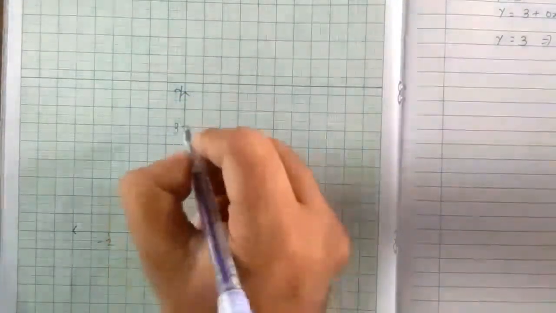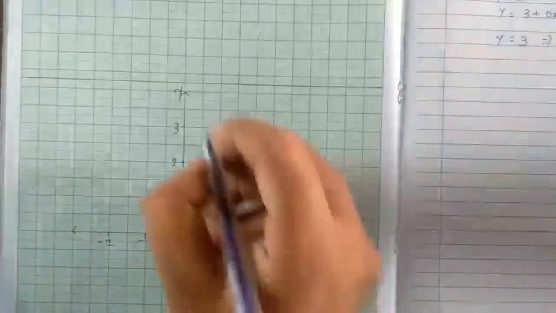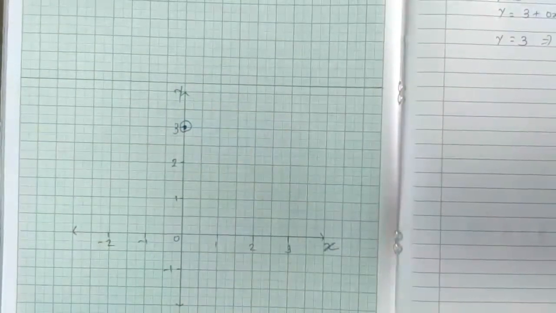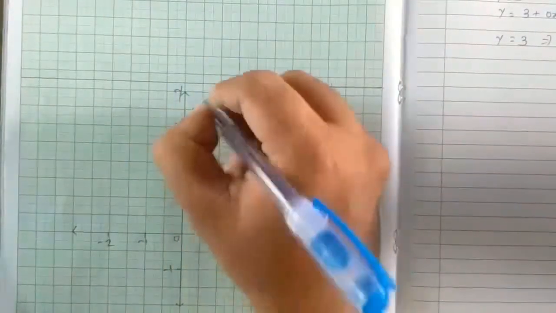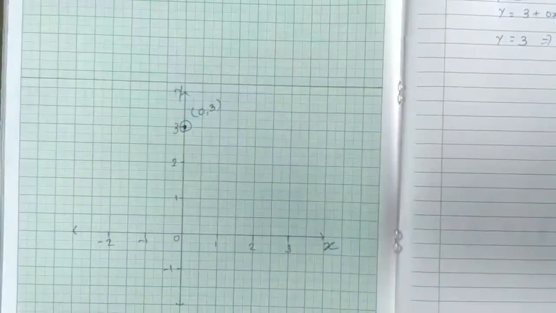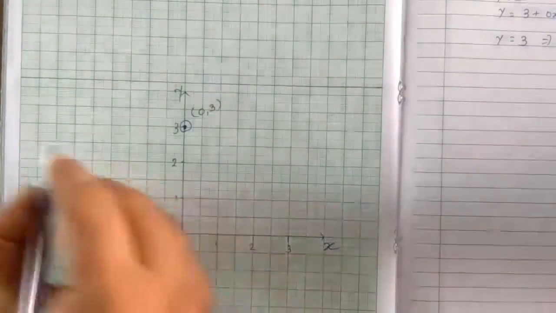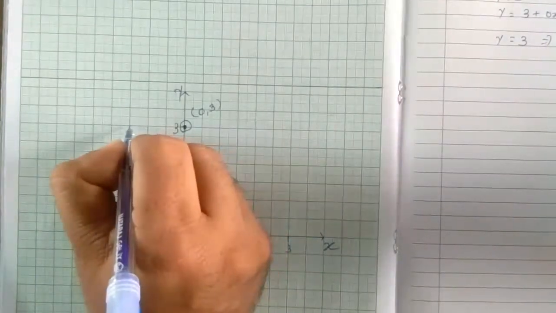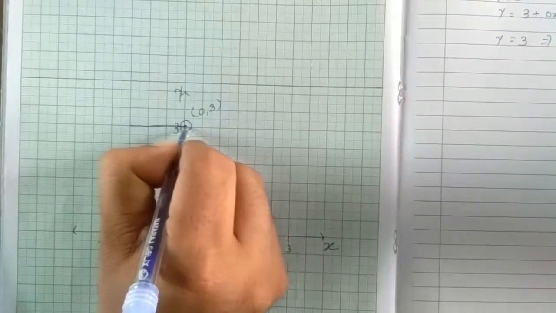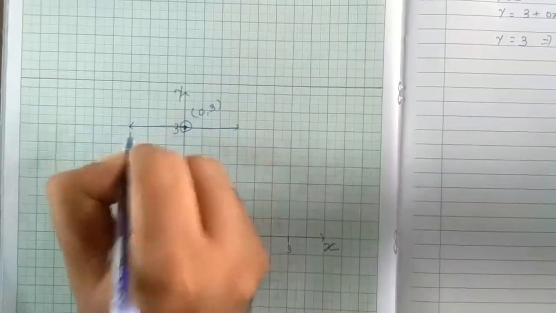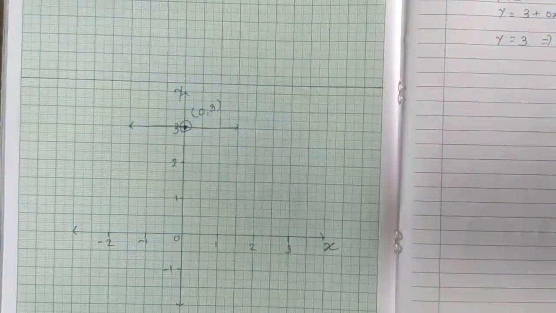So when y equal to 3, at that time x is equal to 0. So write down 0 and 3. We can draw one line parallel to the x axis, like this. So this is the solution of our question number 1.